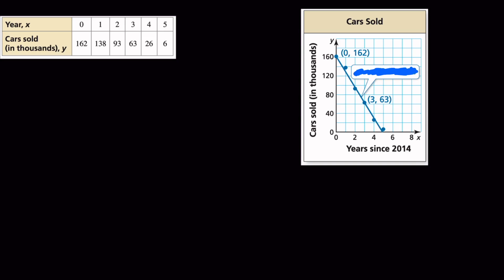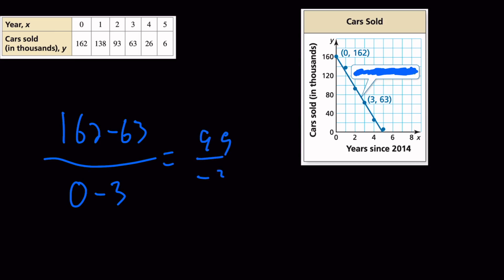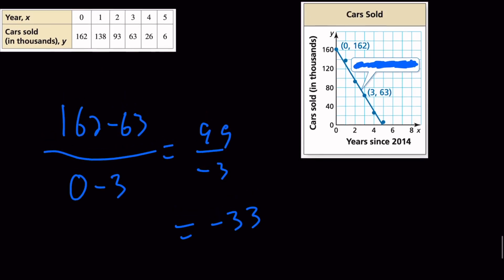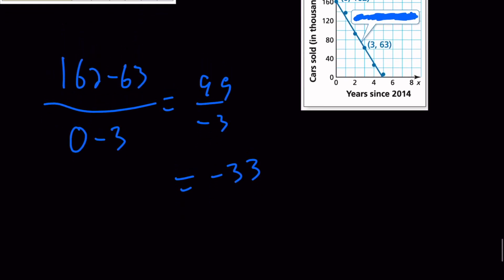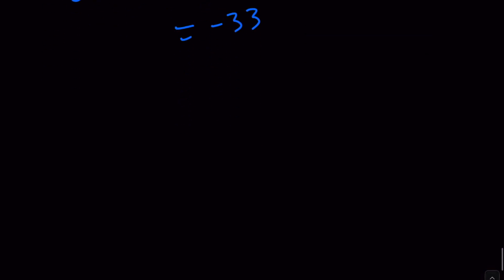All right, so let's find our slope. 162 minus 63 over 0 minus 3. So that's 99 over negative 3, which is negative 33. Let's pick a point and plug things in. I'm going to use (0, 162) because it has a 0, which makes it easier to work with.